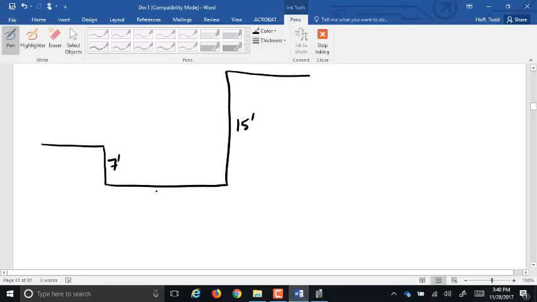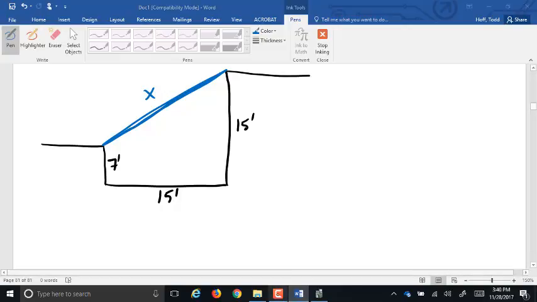And across it is 15 feet. I want to build a bridge to get across here. What is the minimum length of that bridge?